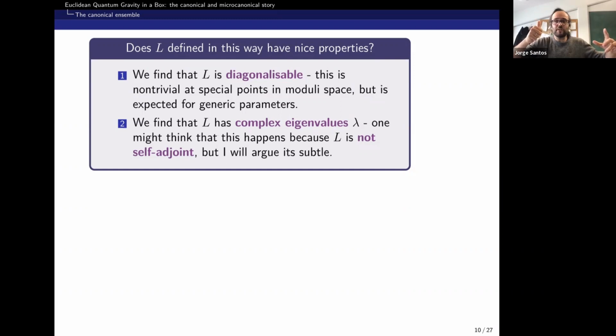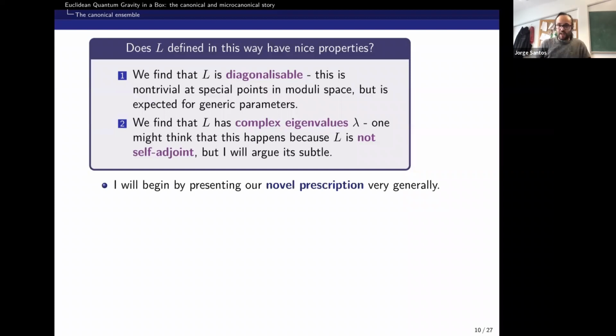Once you define the inner product, then you can read off uniquely what is the operator that controls the stability properties of this quadratic form. But first you need to tell me what is the inner product that you're going to use. Good. Our prescription is completely general, and as far as I understand, completely new. So I'm going to take a little bit of time to explain what is a generic prescription that we're going to use.